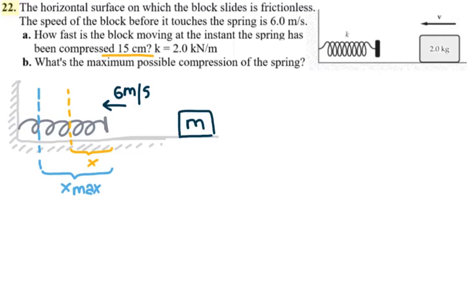So I see the block is moving at a velocity. By the time it reaches the spring, it has 6 meters per second, so it has kinetic energy. So when I look at the problem, right before the block touches the spring, the system has before energy. And my before energy is the kinetic energy of the block.